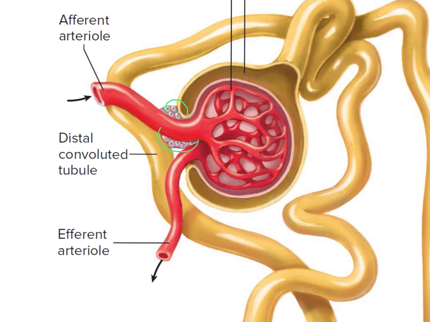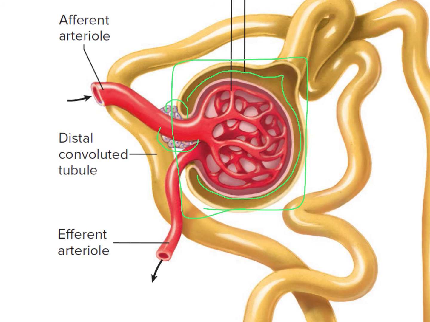And I want you to pay attention to this space in the Bowman's capsule. That space is going to play a really important role in the process that's going to take place within this renal corpuscle, which is what? What is the major process that takes place in the renal corpuscle? Filtration.